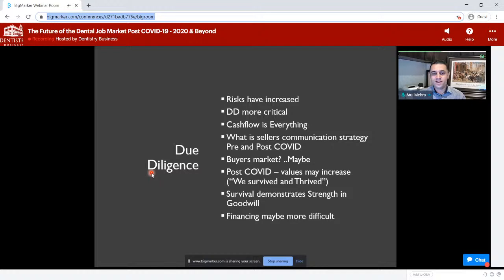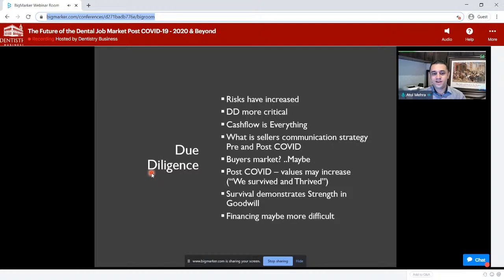Is it a buyer's market? I mean, recently we have seen a few changes in the way that buyers are approaching transactions. For example, there's more negotiation happening in terms of the timing of the closing of the sale and certain conditions that have to be met.